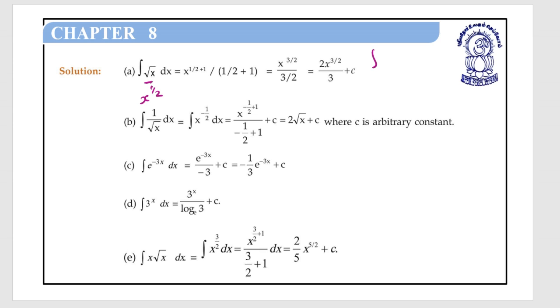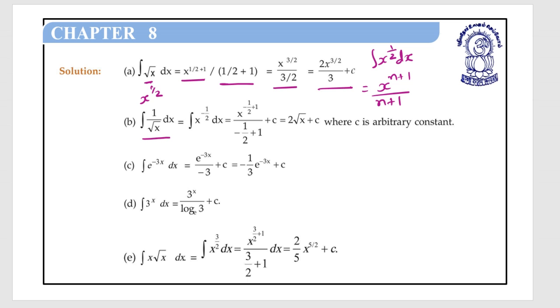So the integration of x raised to 1 by 2, here you are using the x raised to n plus 1 upon n plus 1 formula. So x raised to 1 by 2 plus 1 upon 1 by 2 plus 1. 1 by 2 plus 1 is 3 by 2, so x raised to 3 by 2 by 3 by 2. So 3 by 2 becomes 2 by 3, x raised to 3 by 2 plus c.